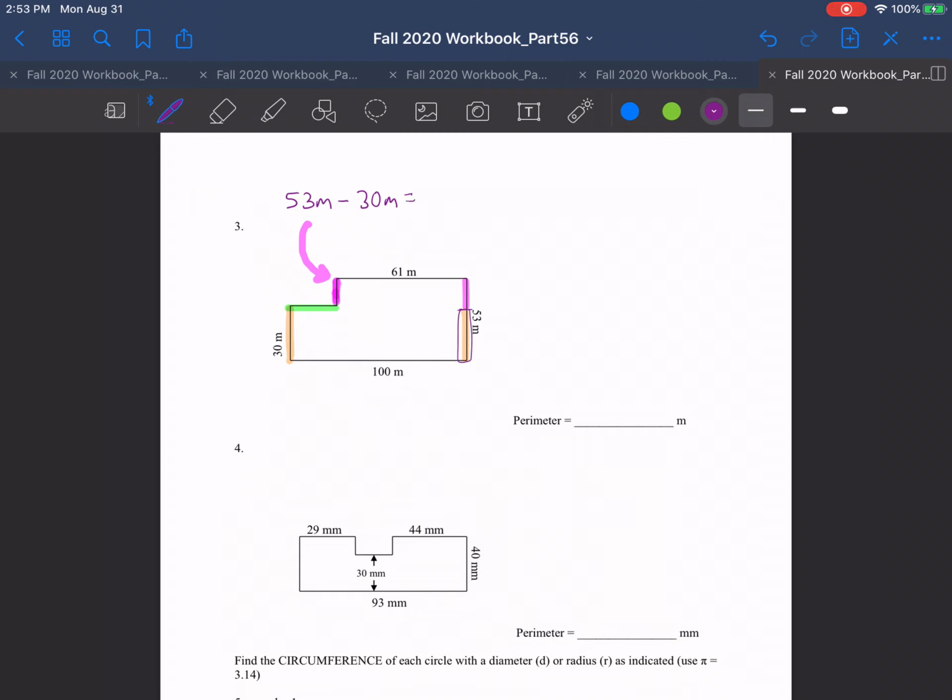And so by doing that, we end up with 23 meters for the length of that pink side.